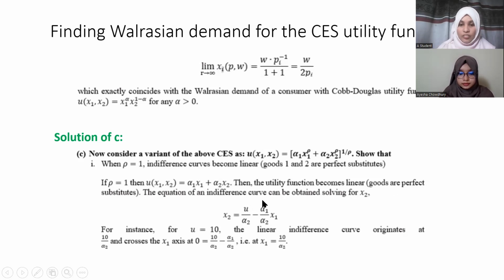The equation of an indifference curve can be obtained by solving for x2. Hence, x2 equals u by alpha 2 minus alpha 1 by alpha 2 times x1.